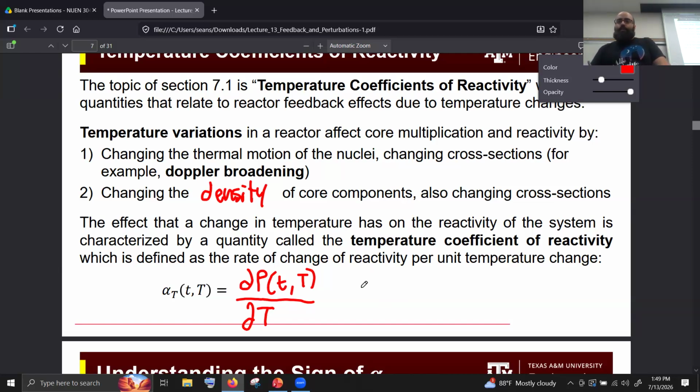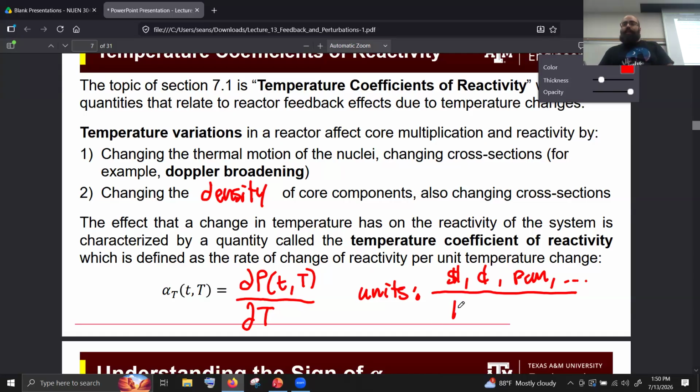And so the units of this are going to look like reactivity units, like maybe dollars or cents or PCM. And then the units of my temperature might be like Kelvin or degrees Celsius or degrees Fahrenheit.